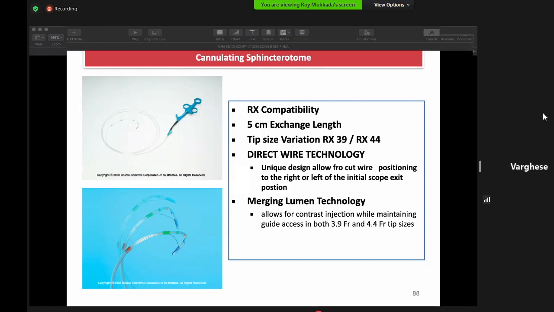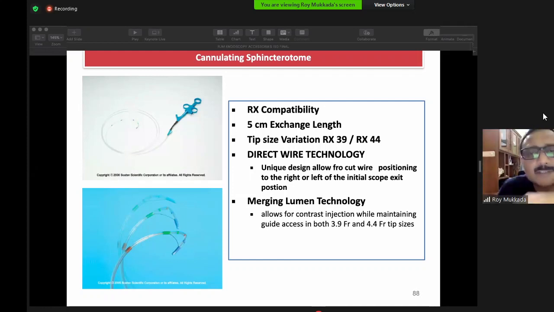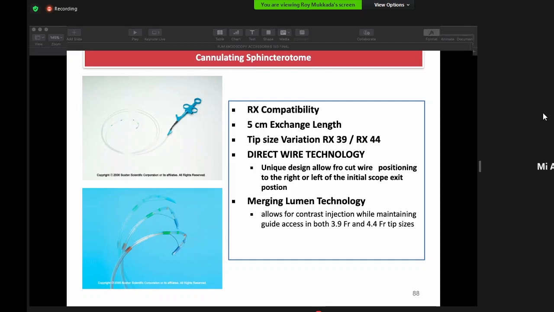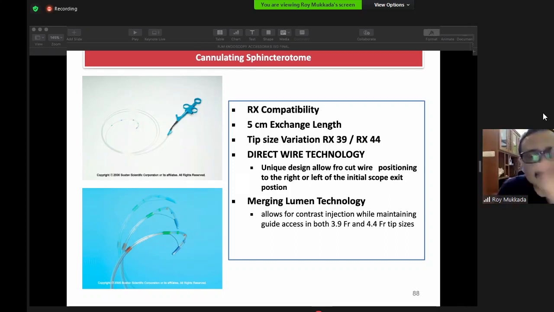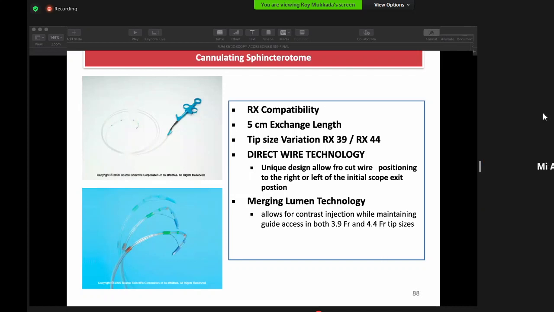What is the direct wire technology? This usually has a triple lumen, so we can inject and cut. You can bend also, so the sphincterotome can be bent according to your needs. Where all is it used?